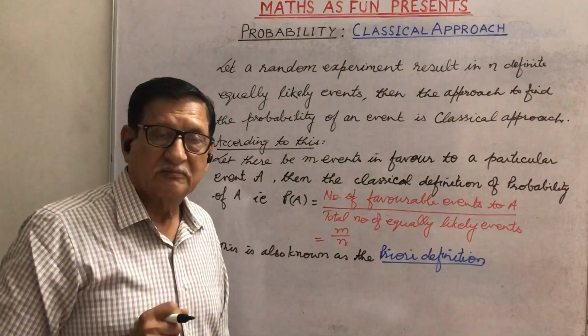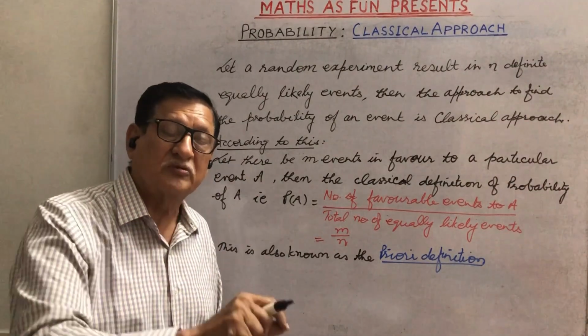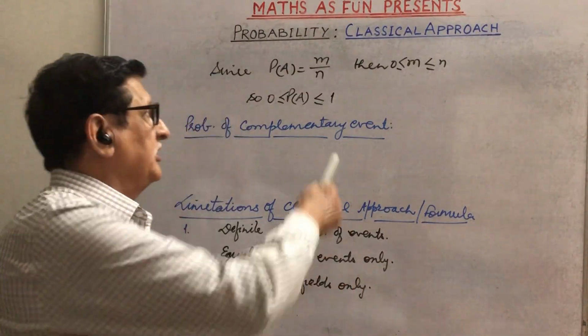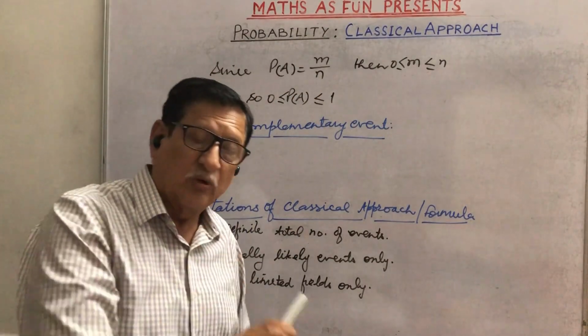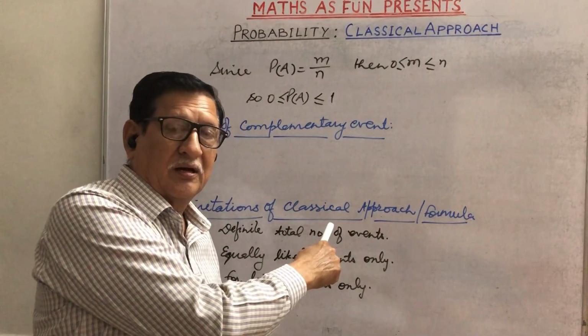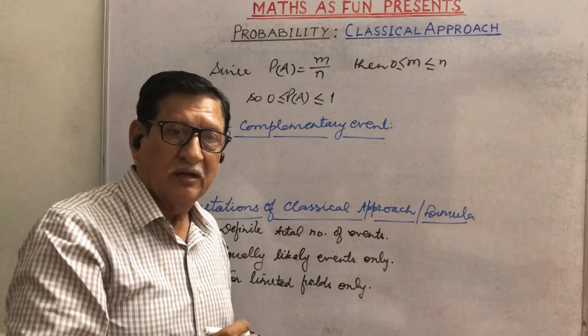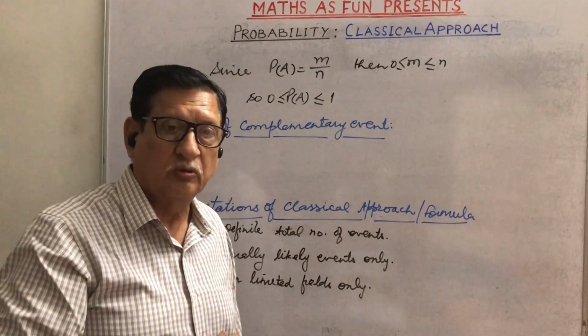This approach or definition is also known as the a priori definition of probability. Why? Because the event A is defined on the basis of prior knowledge. The probability of A we have seen is m upon n, and we know that m has to be less than or equal to n. And it is a positive number, so it is greater than or equal to 0.